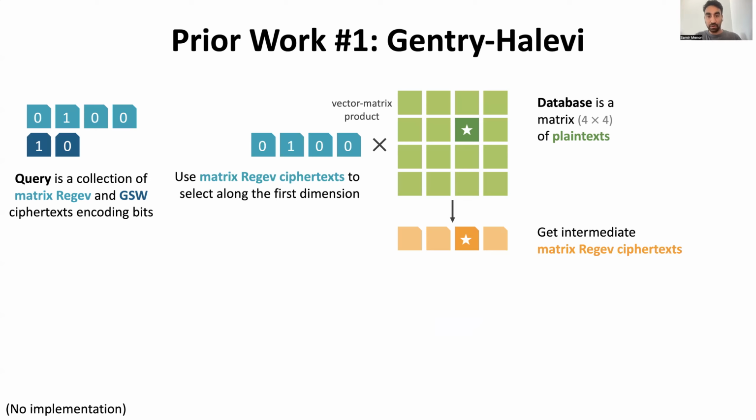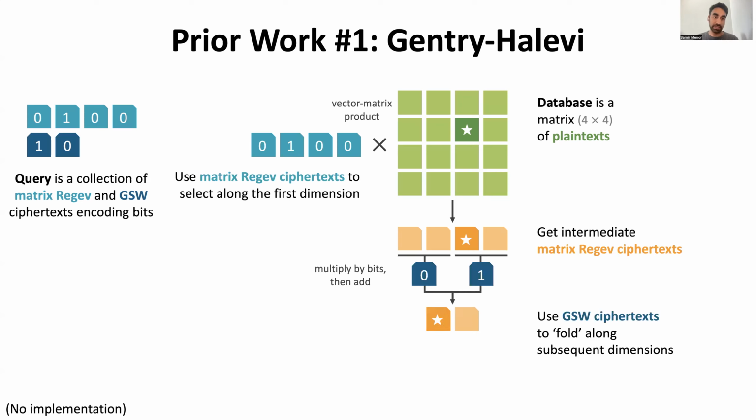So now we have these 4 intermediate matrix Regev ciphertexts, and we would like to select the one that we want. So now we use the GSW ciphertexts to select. Since we've encoded in bits the halves of each level that we want, we call this folding.